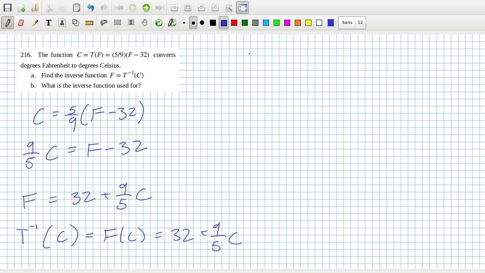And what is that used for? So it's the opposite. So that's to convert degrees Celsius to degrees Fahrenheit.